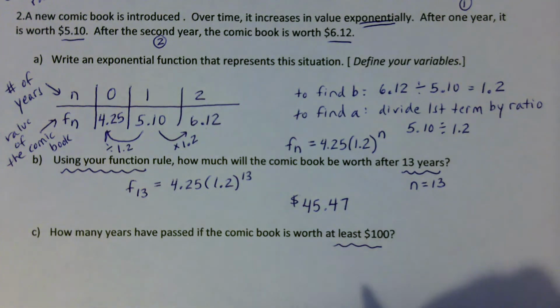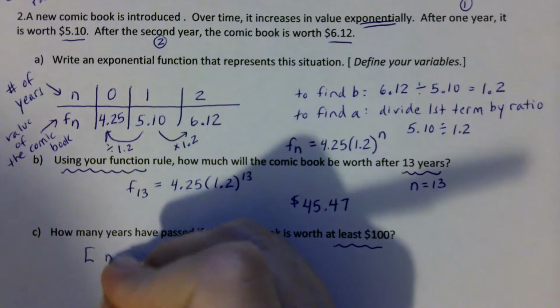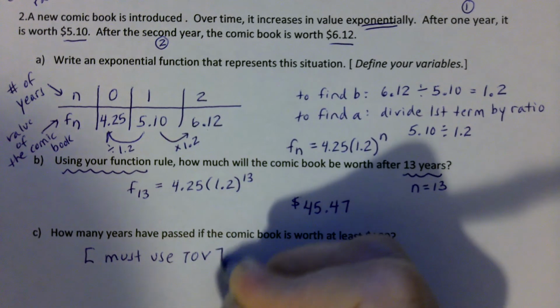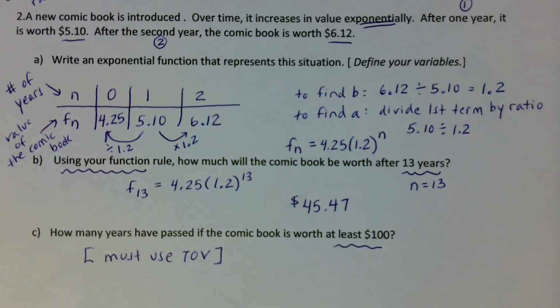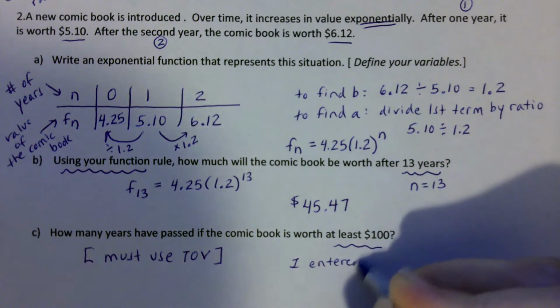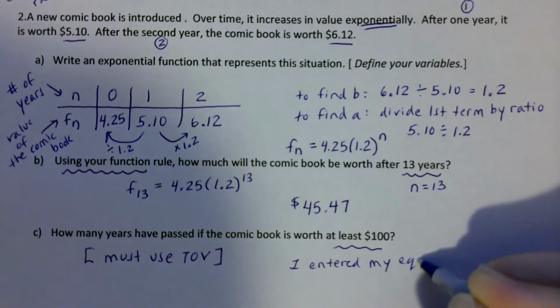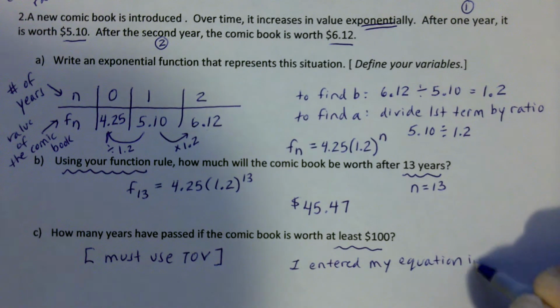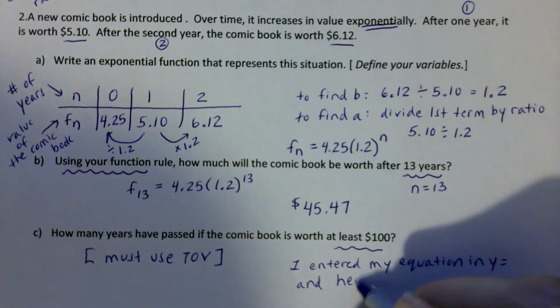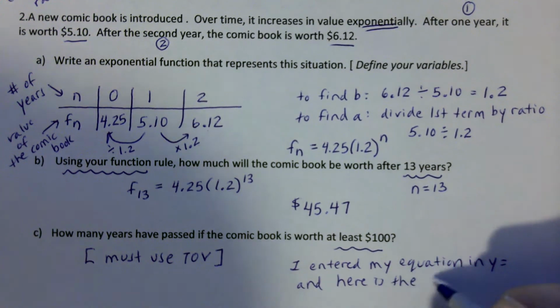How many years have passed if the comic book is worth at least $100? So with an exponential equation, we're going to have to use your table of values, since we don't have the algebra knowledge yet to be able to solve this algebraically. So what you need to say is, I entered my equation in y equals, and here is the table of values.